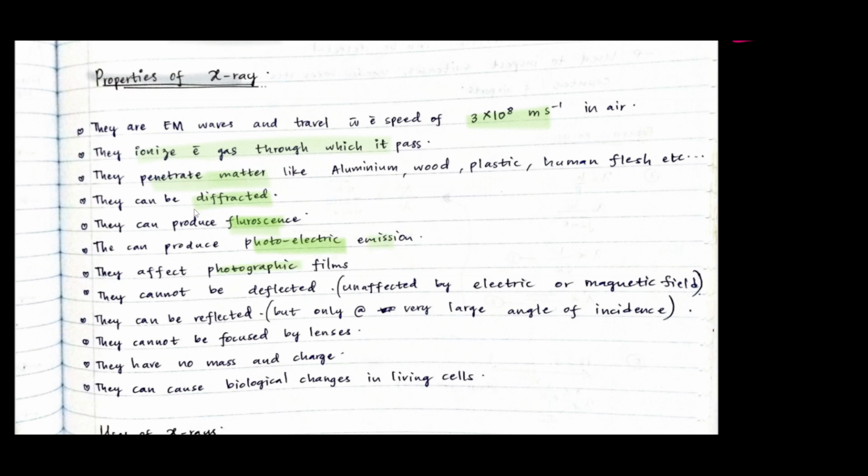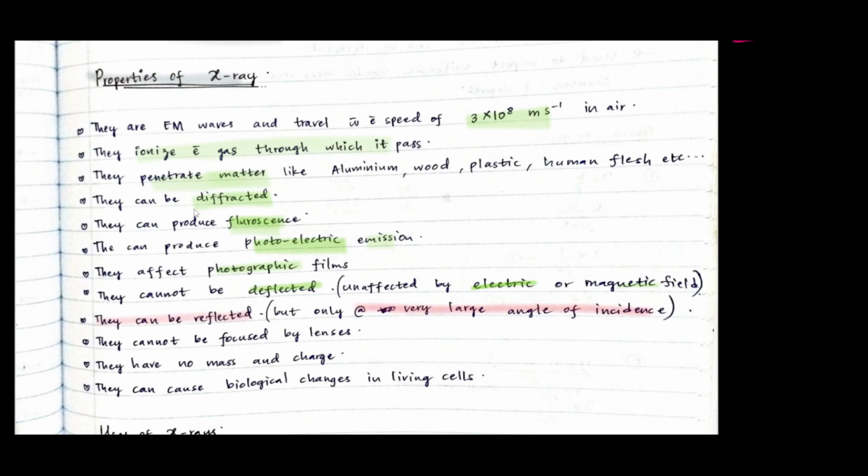We have studied that they affect photographic film. They cannot be deflected. It's a property of EM waves. By electric field or magnetic field, we cannot deflect them. And especially, they can be reflected, but only at very large angle of incidence.